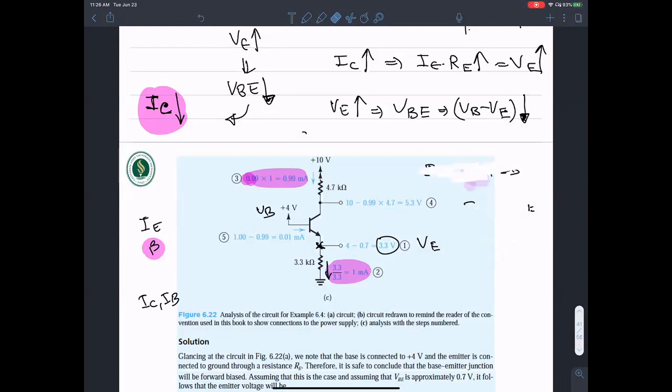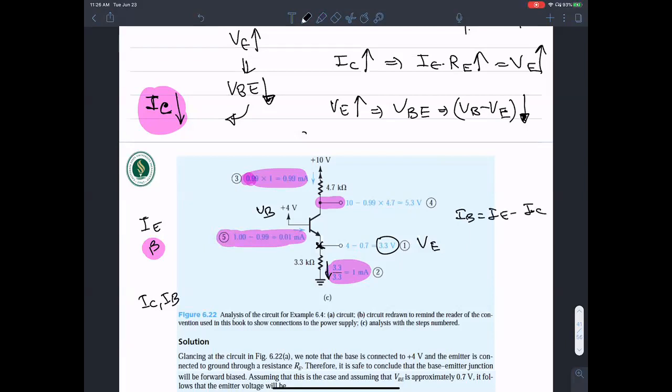Once you calculate that IC, you should be able to calculate the voltage over here, which is simply the application of Ohm's law. Also, you can calculate IB, which is simply IE minus IC.